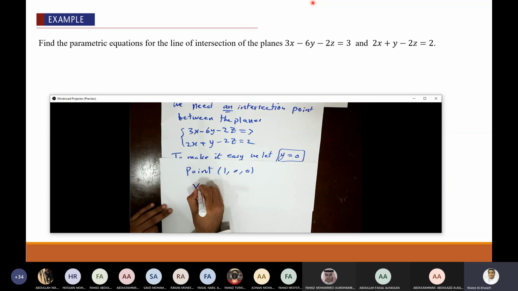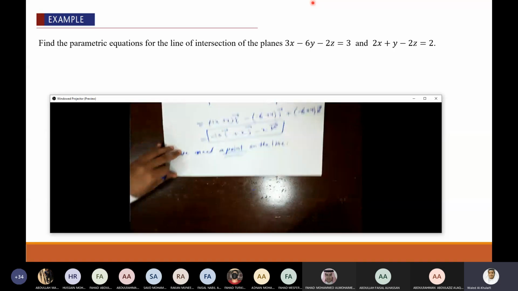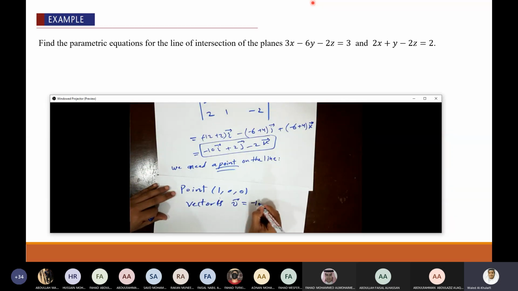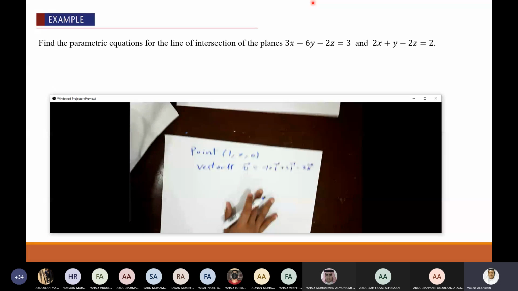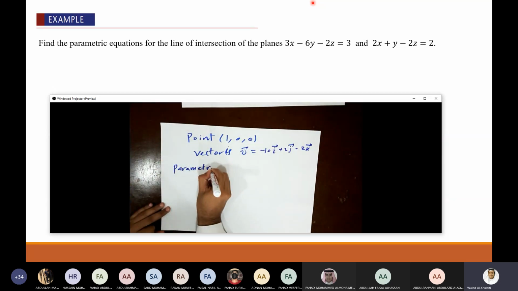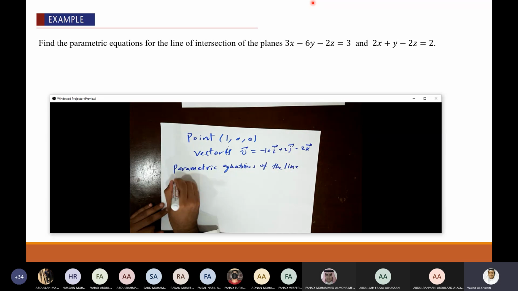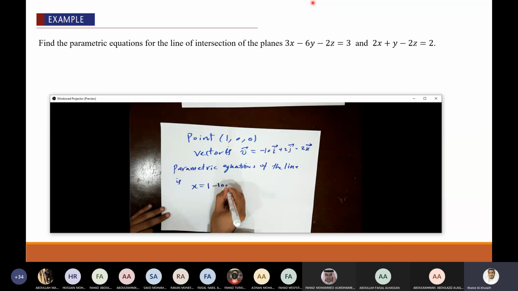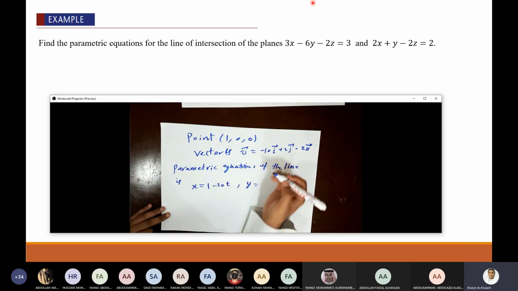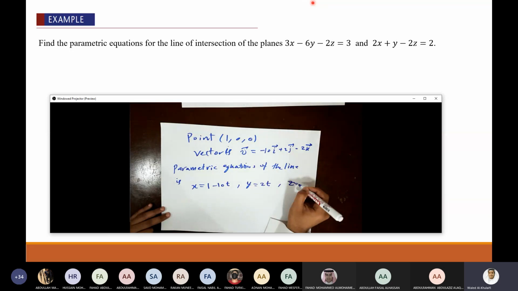Now the point is this, and the vector is v, which we found on this paper: negative 10 in the direction of I, plus 2 in the direction of J, minus 2 in the direction of K. So what are the parametric equations of the line? x equals x naught, which is 1, minus 10t, y equals y naught, which is 0, plus 2t, and z equals negative 2t, where t is in all real numbers.